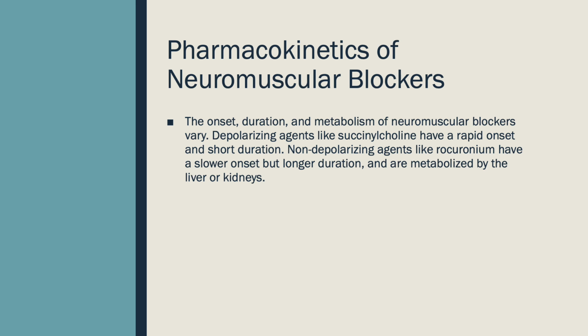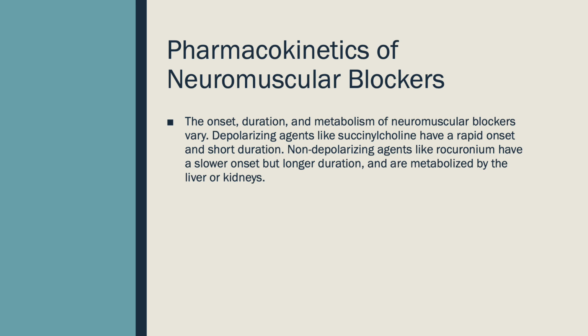You contrast that with our non-depolarizers, like rocuronium, a little slower onset, but a longer duration of action. And these are metabolized by either the liver or kidneys, depending on the specific drug. So take rocuronium, for example. It's going to be eliminated through hepatic metabolism, while vecuronium and pancuronium are cleared by the liver and kidneys. The duration of action of these agents can be prolonged in patients with hepatic or renal dysfunction, so you sometimes have to make dosage adjustments.